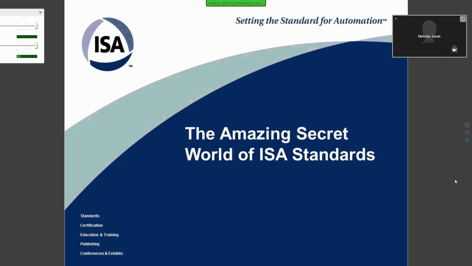All right, thanks, Greg. So we're going to switch gears here now. One of the things about standards is that usually there's some image or figure from a standard that is highly recognizable, iconic, if you will.